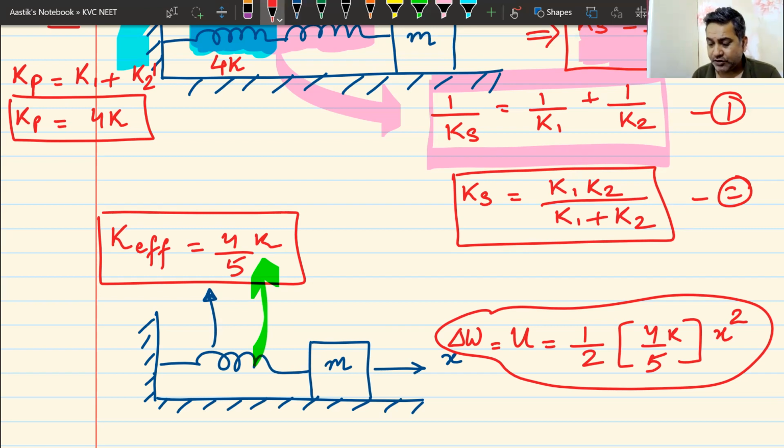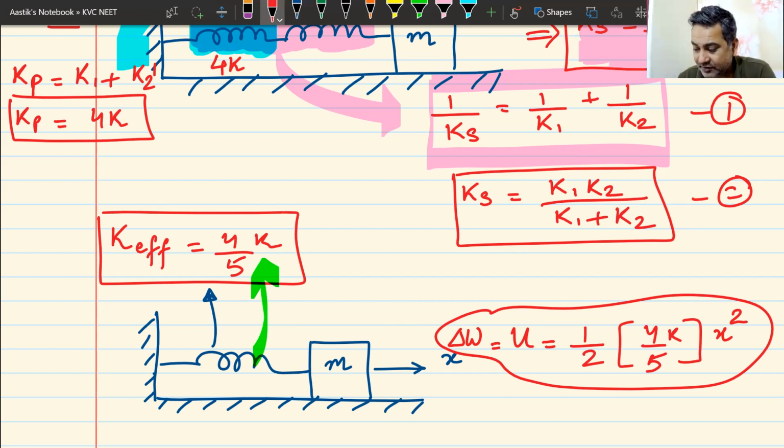As you can see, 2K and 2K, they are in parallel. I used the wrong formula. And the answer that you get for the parallel combination is 4K. 2K plus 2K is 4K. Then I have 4K and K in series.